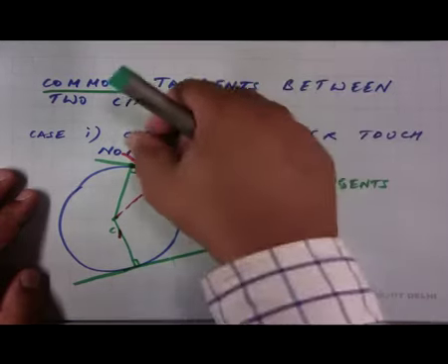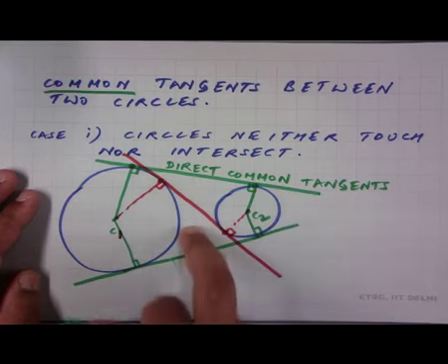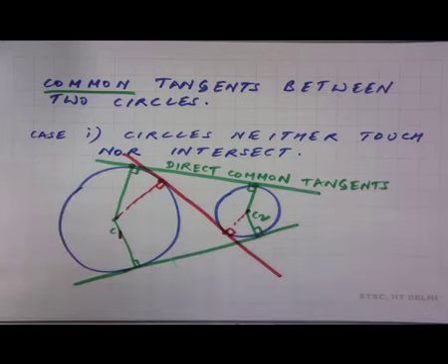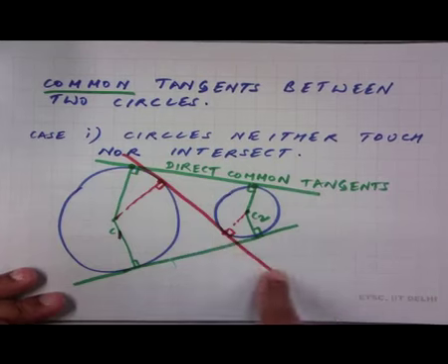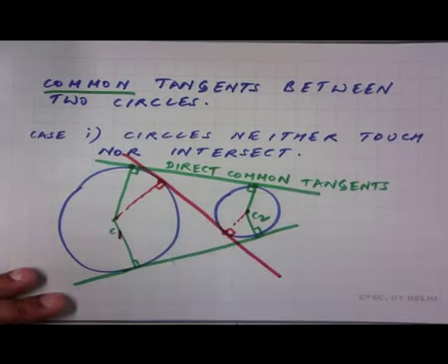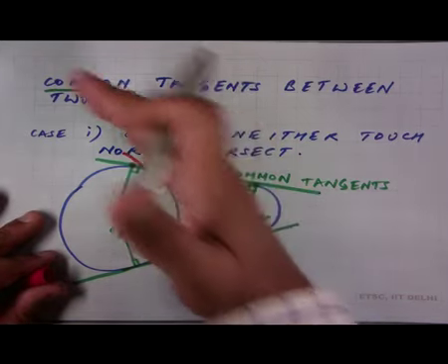Such a tangent for which the two circles are not on the same side of the tangent is called a transverse common tangent. So, this is also a common tangent, because this straight line is a tangent to both the circles, but the circles are on opposite sides of the tangent.